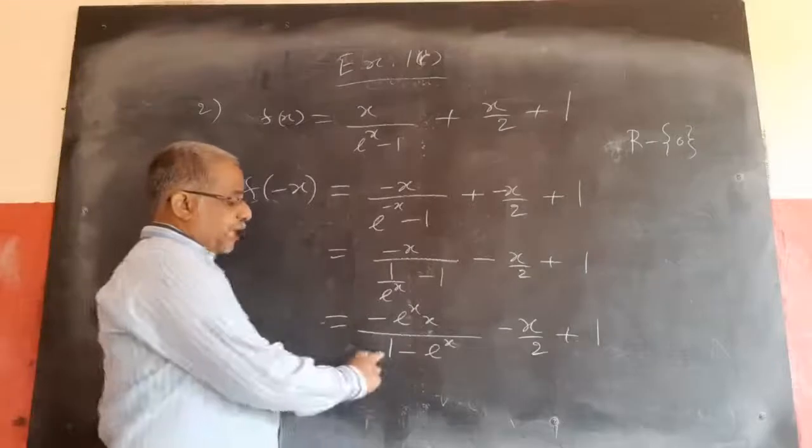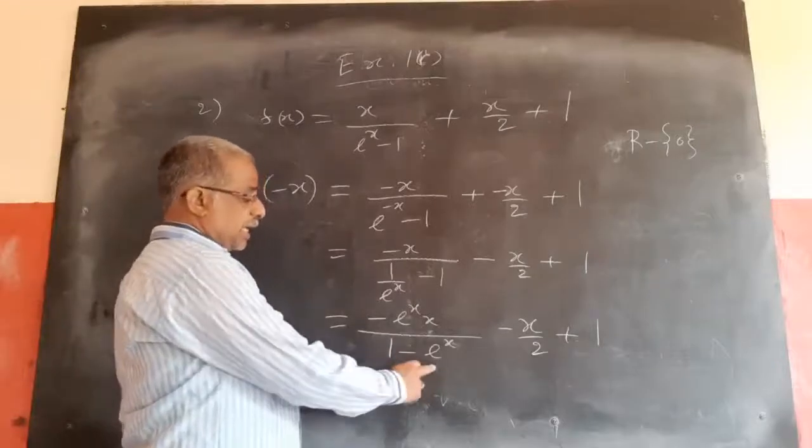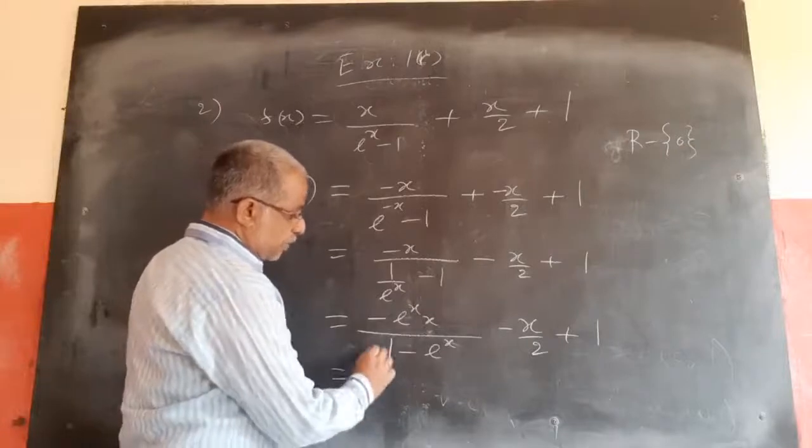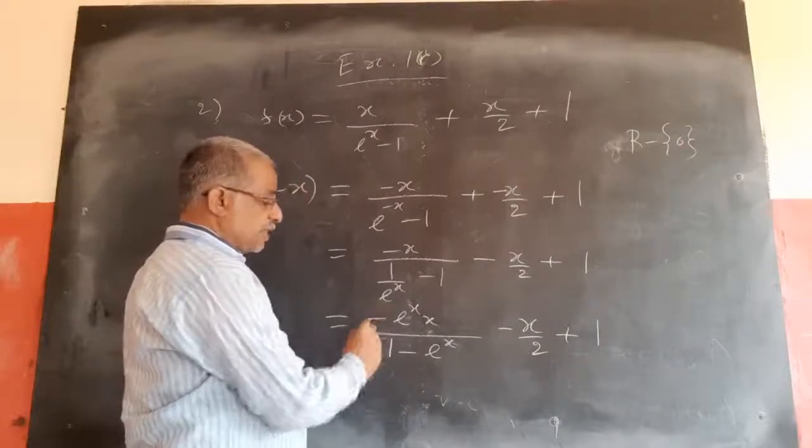Now, if I take minus common, I can write e power x minus 1. The minus common cancels with this minus.